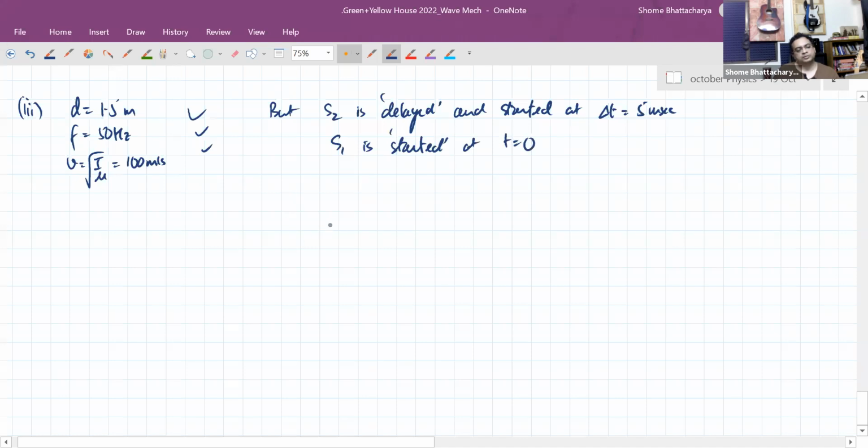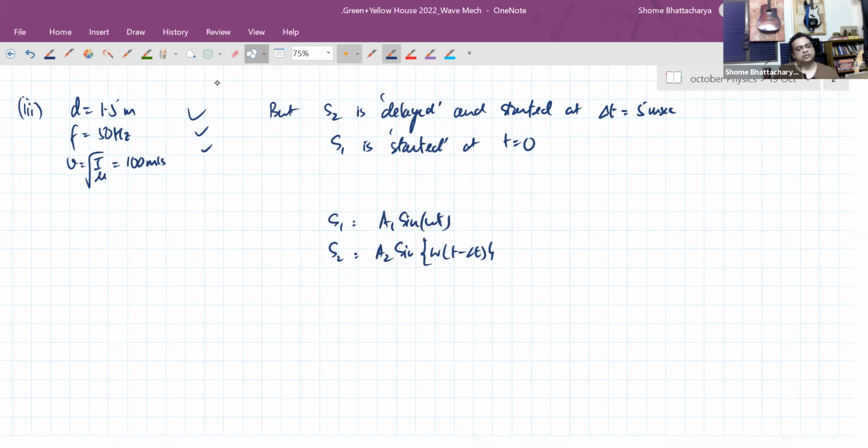So now what would happen is our S1's equation would be A1 sine omega t, but our source S2 would oscillate according to this equation, like this. Correspondingly, the wave created by S1 and the wave created by S2 would overlap in a different way over here.